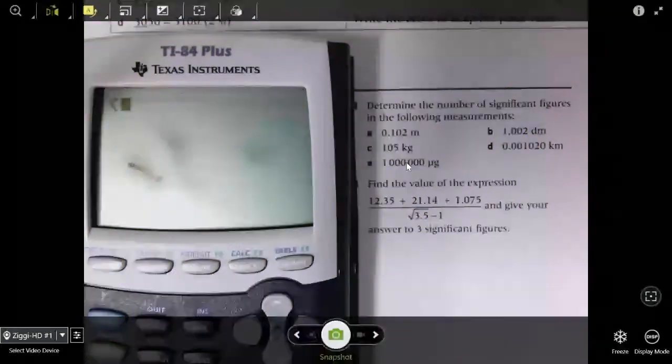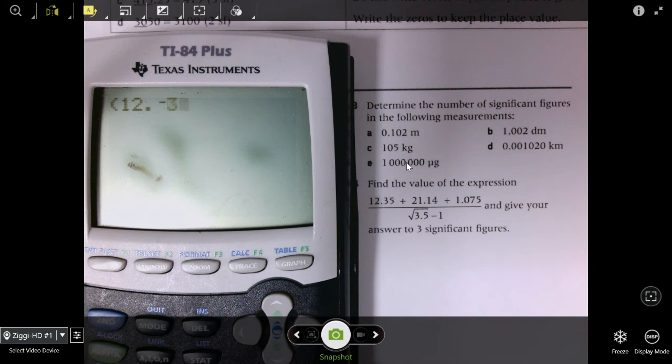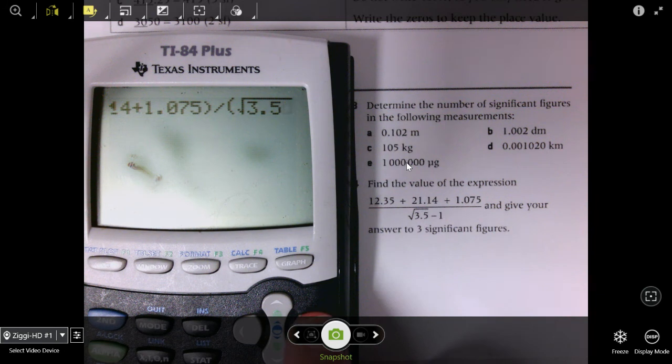You got to tell it that it's a fraction by making the whole numerator in parentheses and the whole denominator in parentheses. Otherwise, your calculator will follow order of operations and you won't get the whole numerator divided by the whole denominator. The other way to do it is to simplify the numerator, get one value, simplify the denominator.